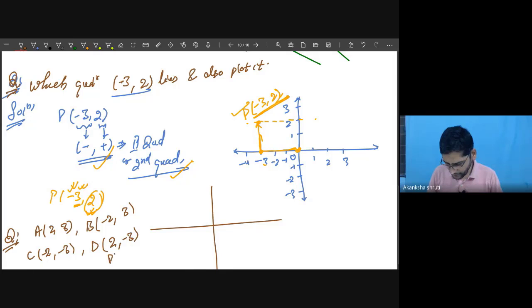You have to plot them and find the shape that is formed.